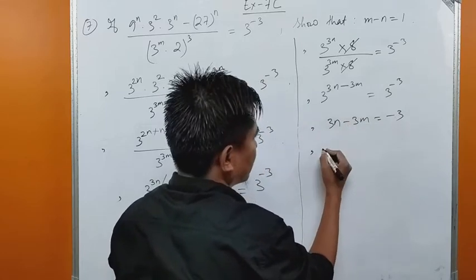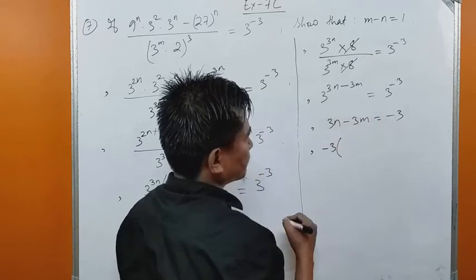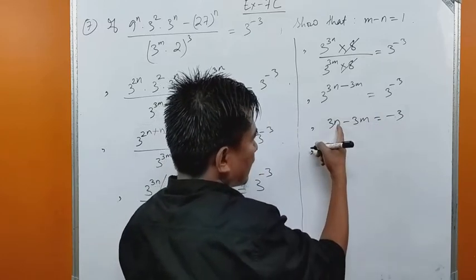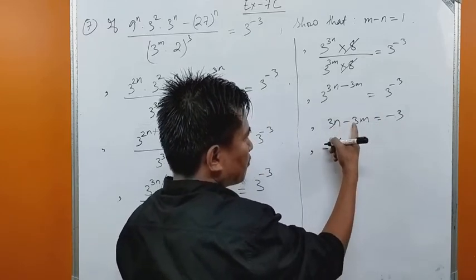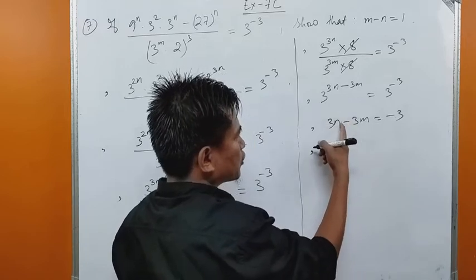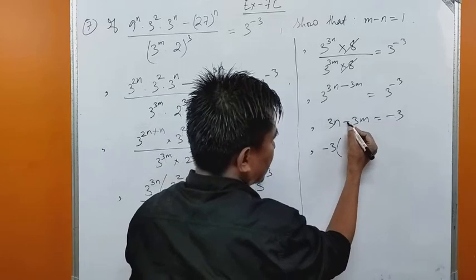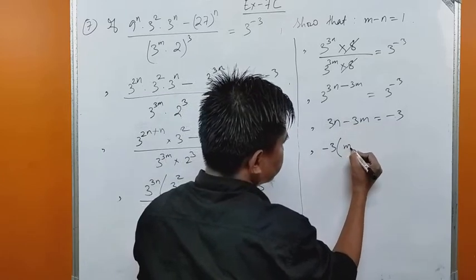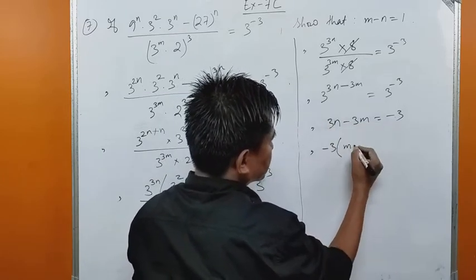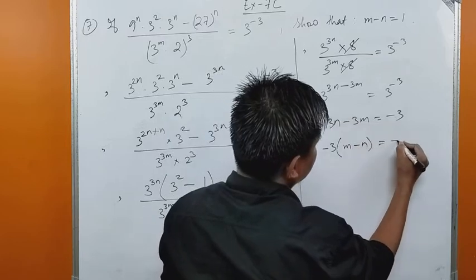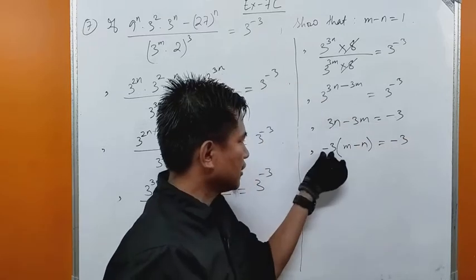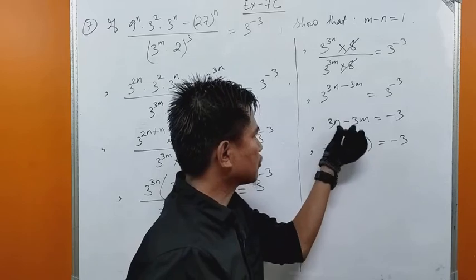When we take minus common, the positive numbers become negative and the negative numbers become positive. So minus 3m becomes plus m and plus 3n becomes minus n, equals minus 3, because if we multiply these numbers we should get this, isn't it?